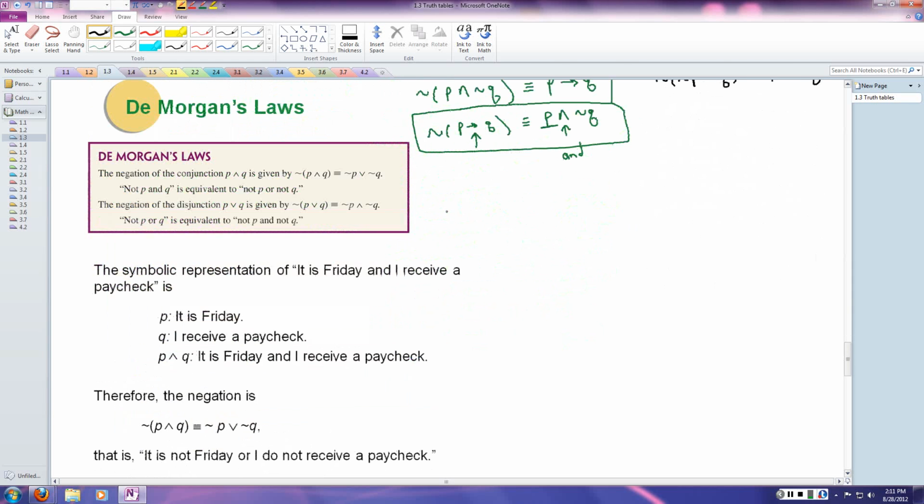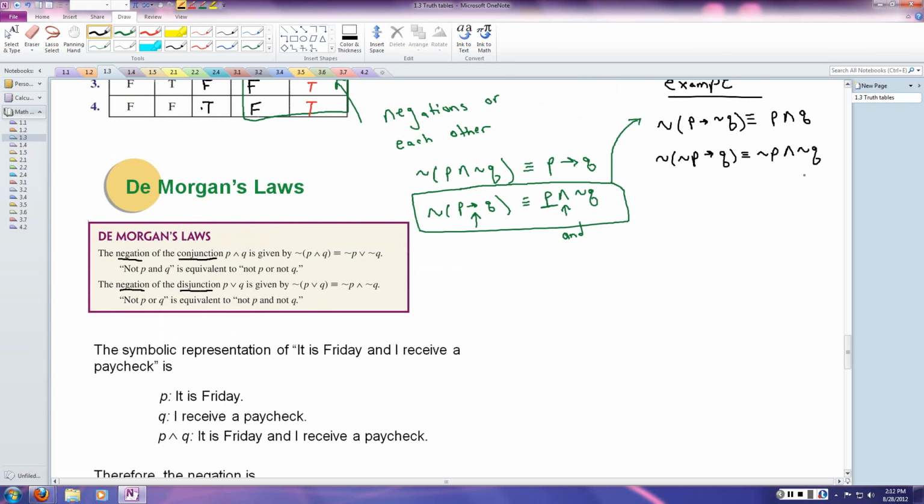The next thing we're going to talk about is De Morgan's laws, which tell you the negation of a conjunction or the negation of a disjunction. Here we just talked about negations of conditionals, which is something different. For the negation of a conjunction, you distribute the negation to both parts and you flip the sign.